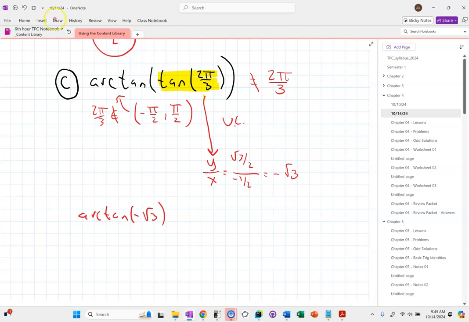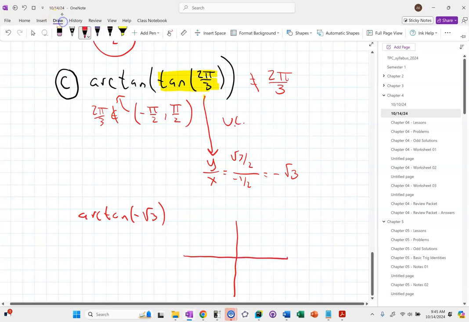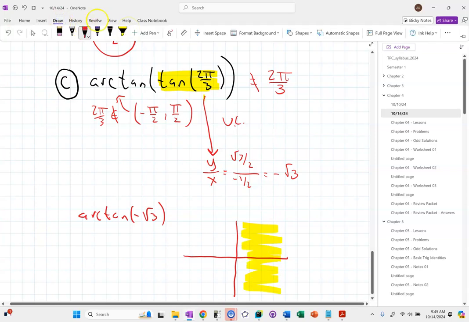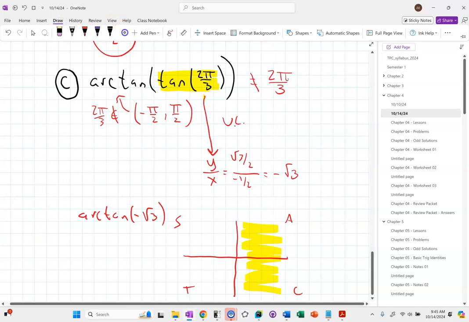So if I go and think about, okay, arctan is covering quadrants 1 and 4, just like before. And tangent is negative in quadrants 2 and 4.